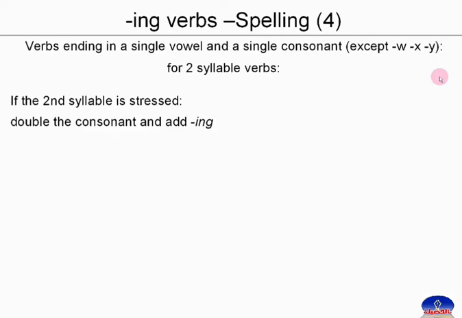So we hear that syllable longer than a syllable which is not stressed. So if the second syllable is stressed, we double the consonant and we add ing. Example.